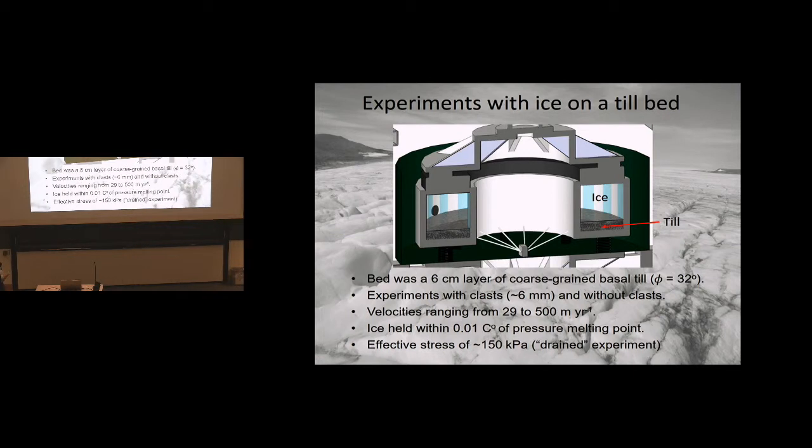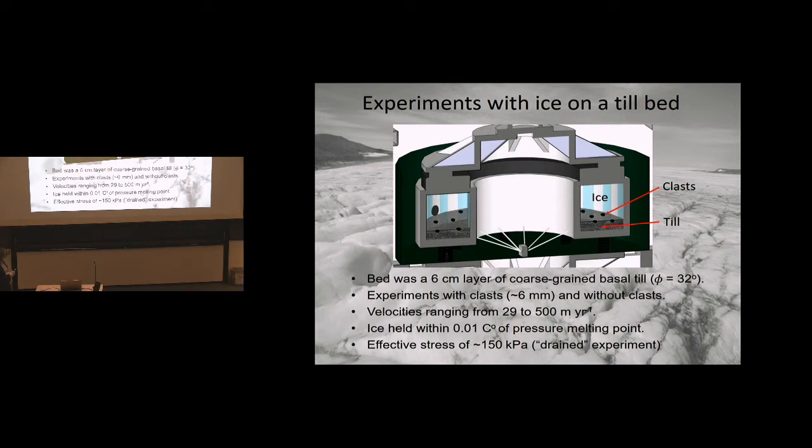In one set of experiments, we sieved out all the largest grains, so we just had grains smaller than 2 millimeters. And then in another set of experiments, we added back to the ice-till interface some larger clasts that were, I think this is a radius actually, a little over a centimeter in diameter.